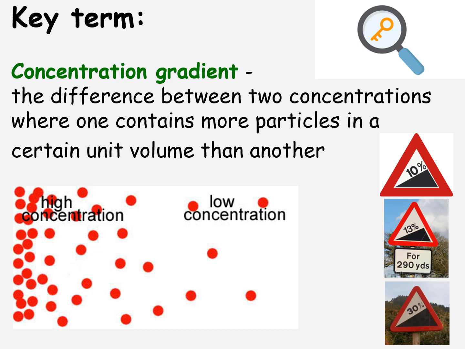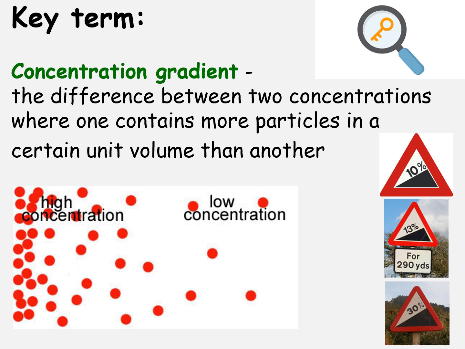So the concentration gradient is the difference between two concentrations where one contains more particles in a certain unit volume than another. So if you have a look at the diagram of the particles at the bottom of the screen, you will see on the left hand side we've got a high concentration of particles, and then on the right hand side we have a lower concentration of particles, and the difference in that concentration is known as the concentration gradient.